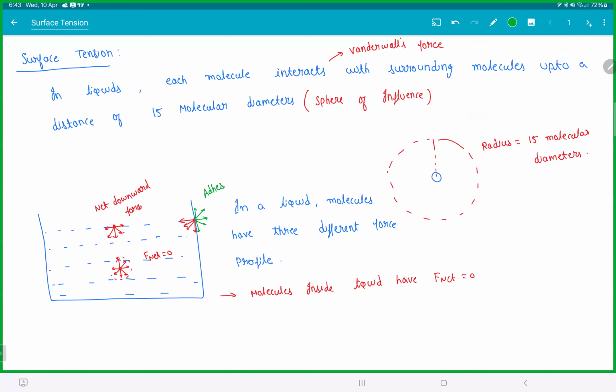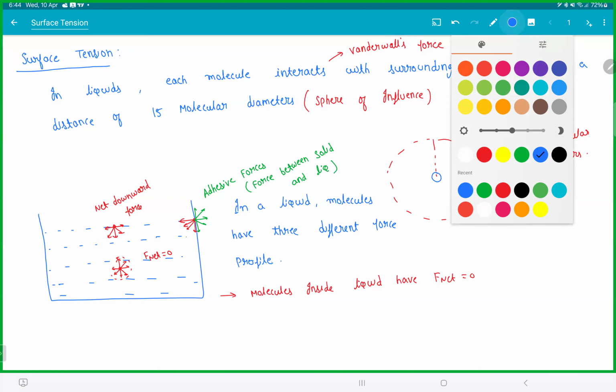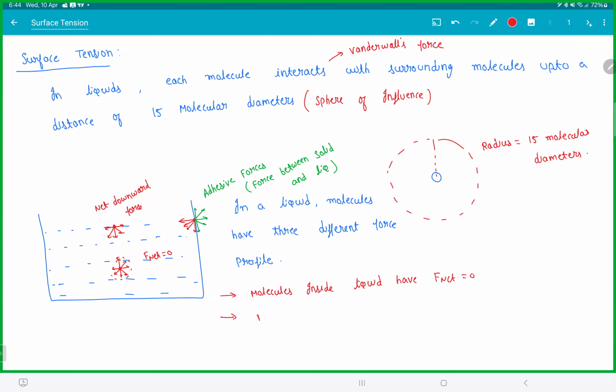There's a force between the solid and liquid. So these are three different force profiles. In the liquid, you'll find molecules with three different types of forces on them. Molecules on the surface have a net downward force. This is what we're interested in. This is what causes surface tension. We will see how.